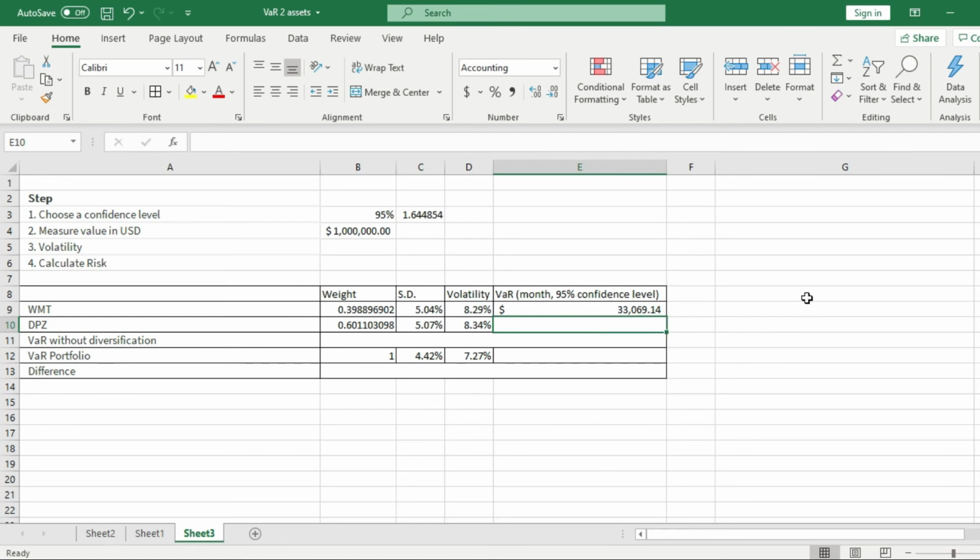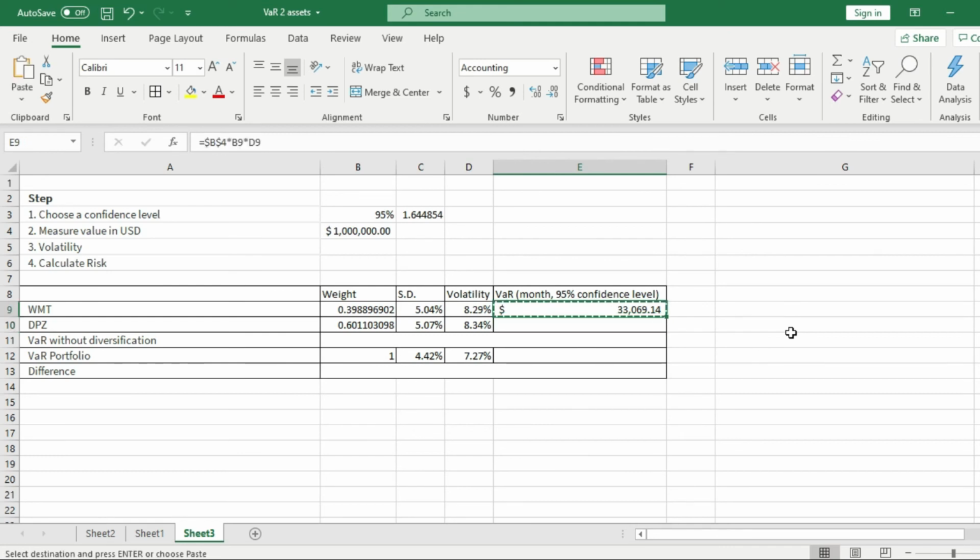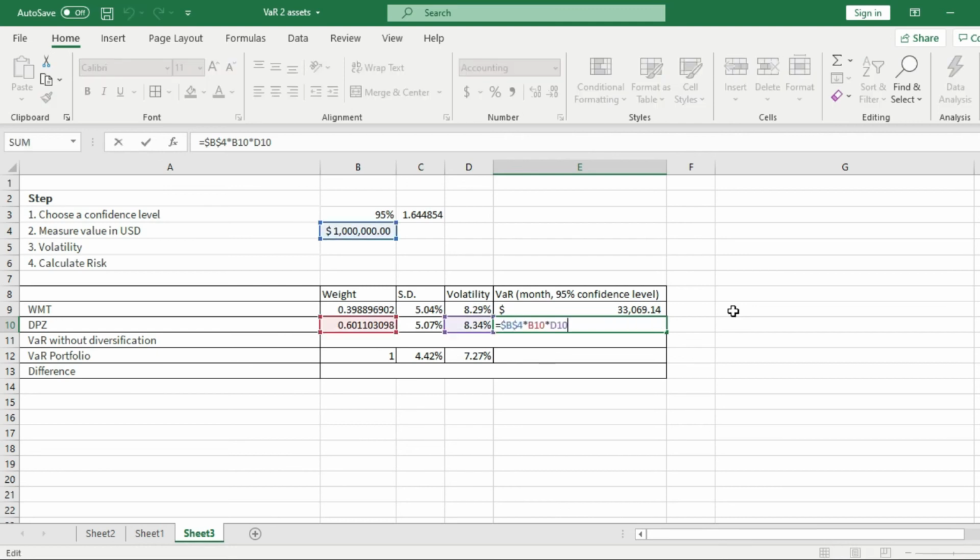Let's do the same for Domino's Pizza. The blue one is the one that I have to fix, this $1 million. I copy and paste this cell, and we can see that for Domino's Pizza, if we were investing only in Domino's Pizza, the 60% of the $1 million, the value at risk would be around $50,000.